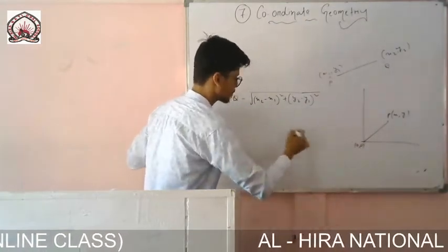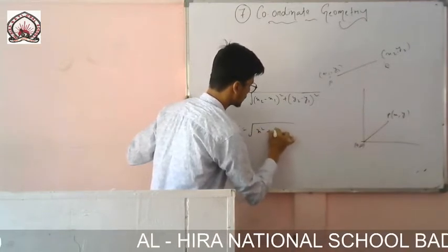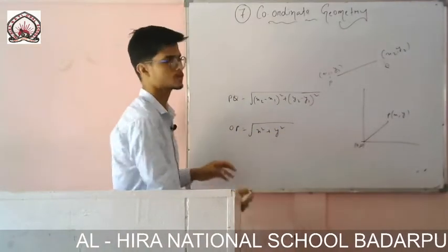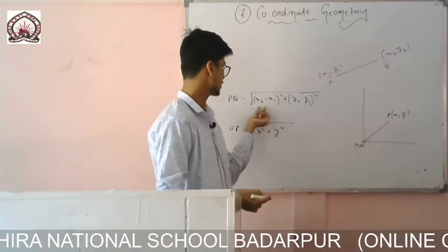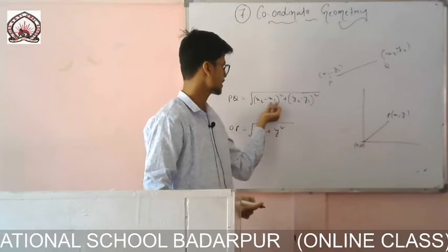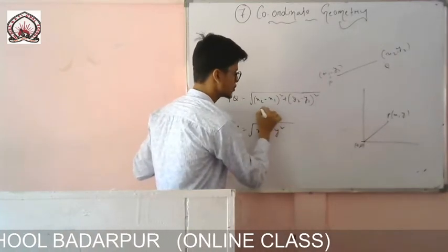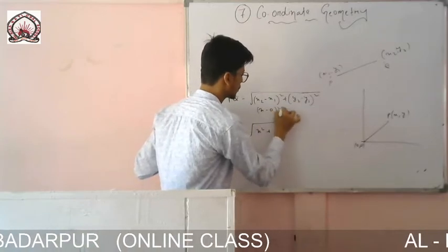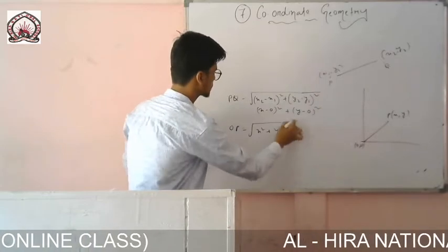So the distance from the origin, that is OP, will be equal to the square root of x square plus y square, because one coordinate here is 0. If I write x2 minus x1, it will be x minus 0 whole square plus y minus 0 whole square. So ultimately it comes to this.